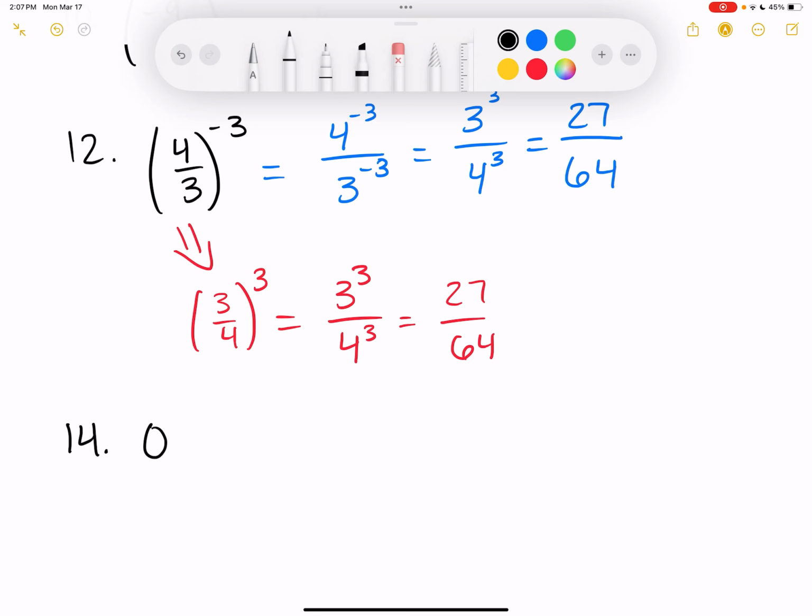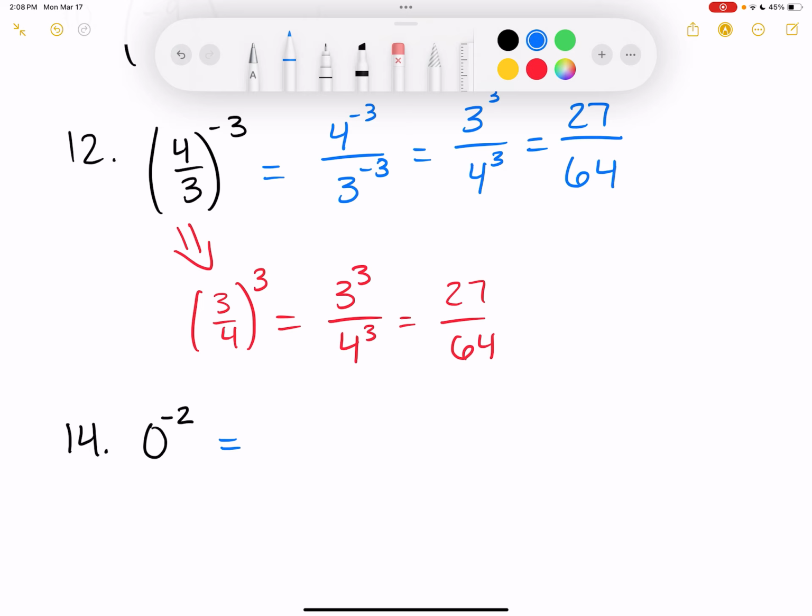0 raised to the -2. No, it's not raised to the 0. 0 is not positive or negative. Okay? What does a negative exponent tell me to do? 1 over 0 to the -2.